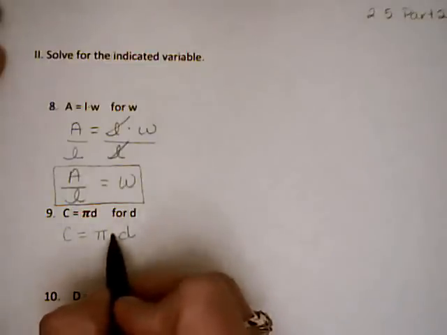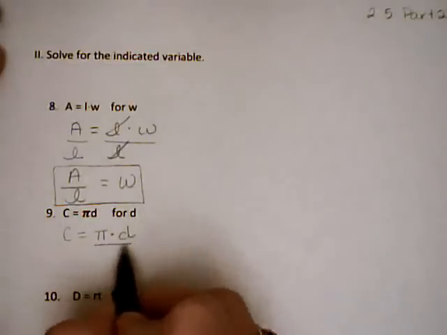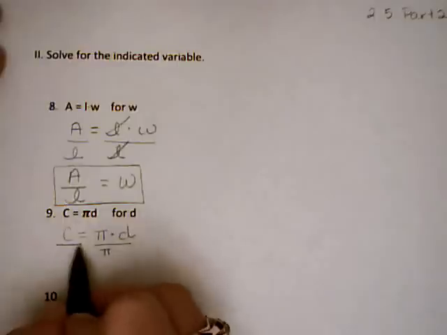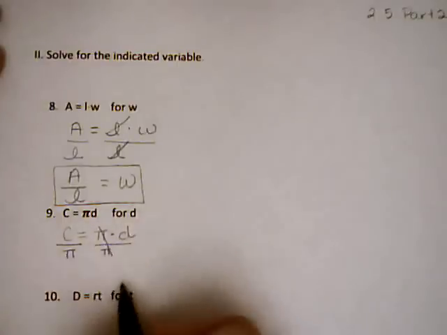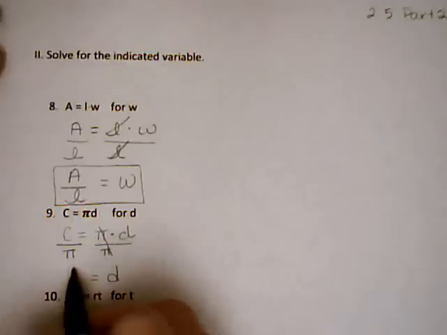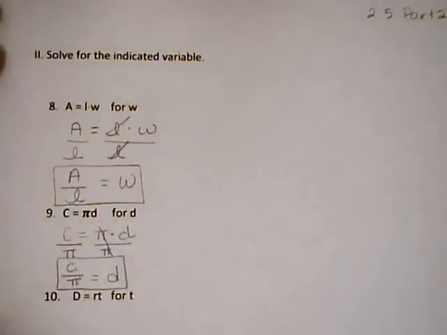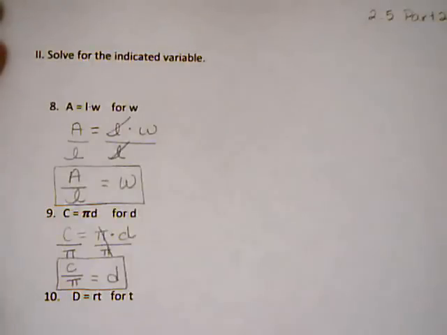Well, because this is multiplication, I do the opposite operation, which is divide. So the pi's divide out, D equals C over pi. So this is what you would type in as your answer. You're just rearranging the formula, basically.